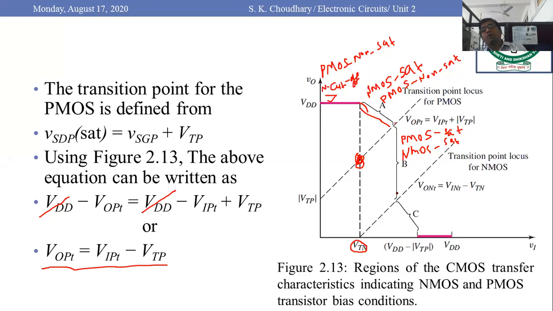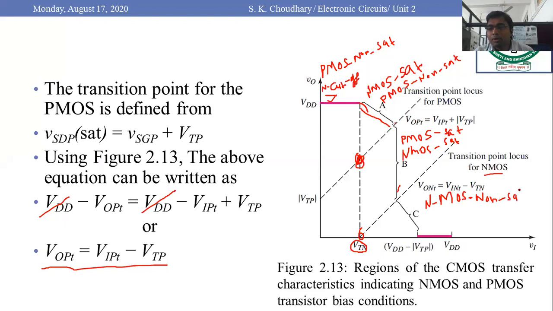Now, when you move downward in this voltage transfer curve, you come to another transition point, and this is the transition point for the NMOS. So for A and B, NMOS is biased in the saturation region. Now, when it enters the C region, NMOS is biased in the non-saturation region.